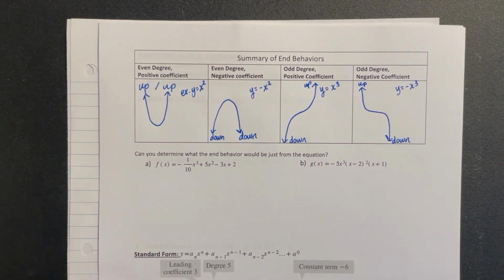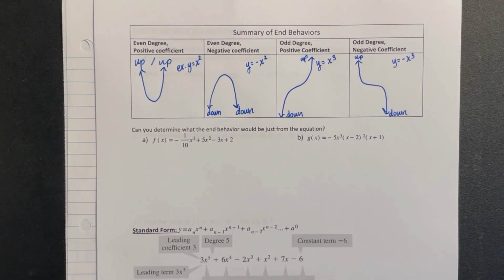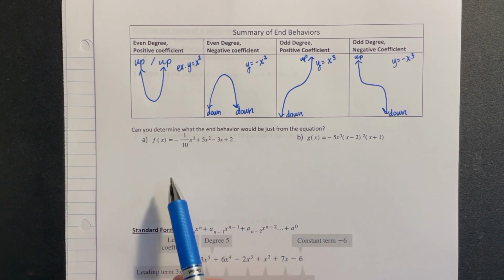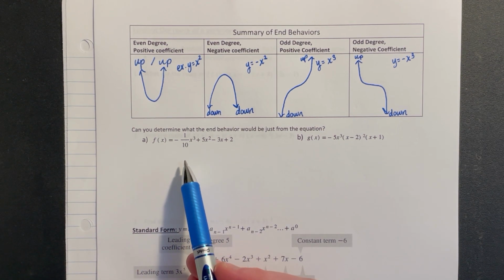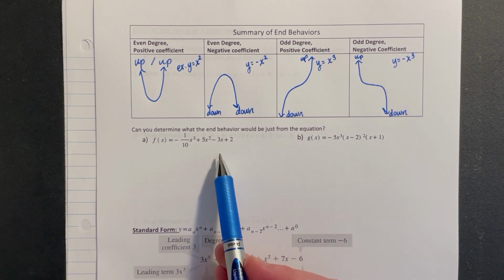Those key features about the end behavior will help me describe and even graph some polynomials. But we can look at the polynomial equation and see what it's going to be just from the standard form. So here I have negative 1/10 x to the third plus 5x squared minus 3x plus 2.